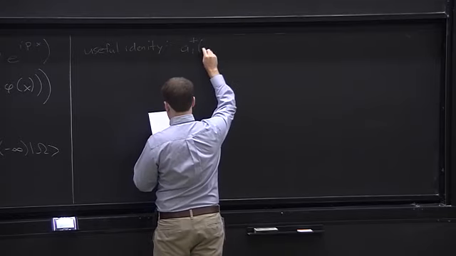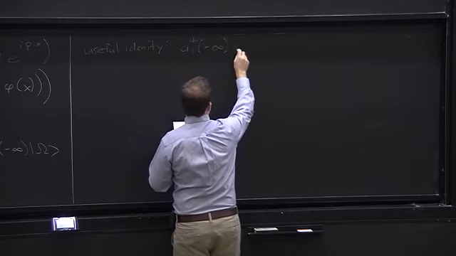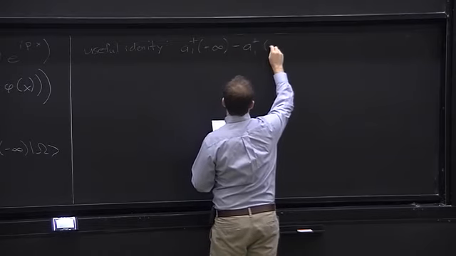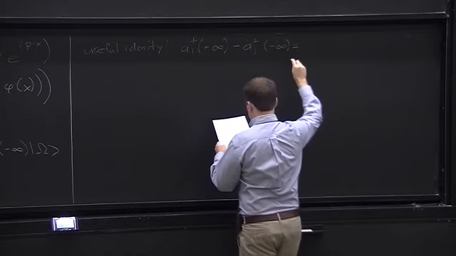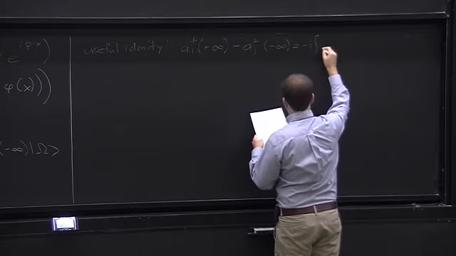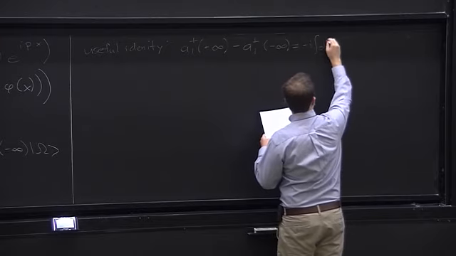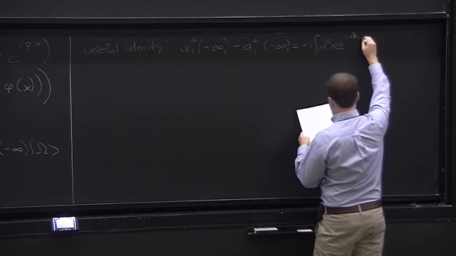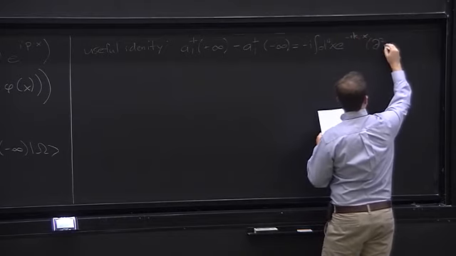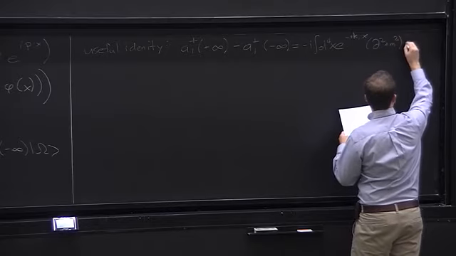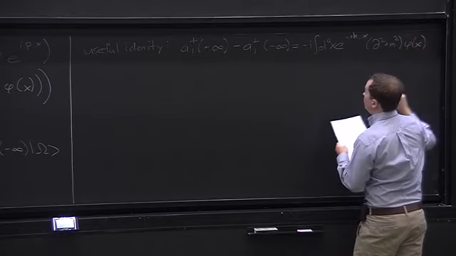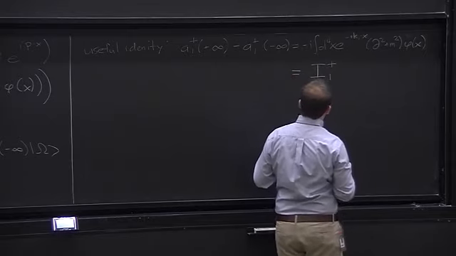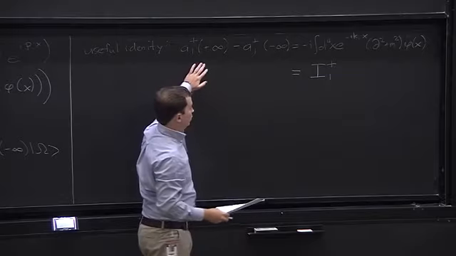So the difference between the creation operators in the future and the past is given by this formula. And I'll call the right-hand side of this I1 dagger. I'll derive this in a minute.